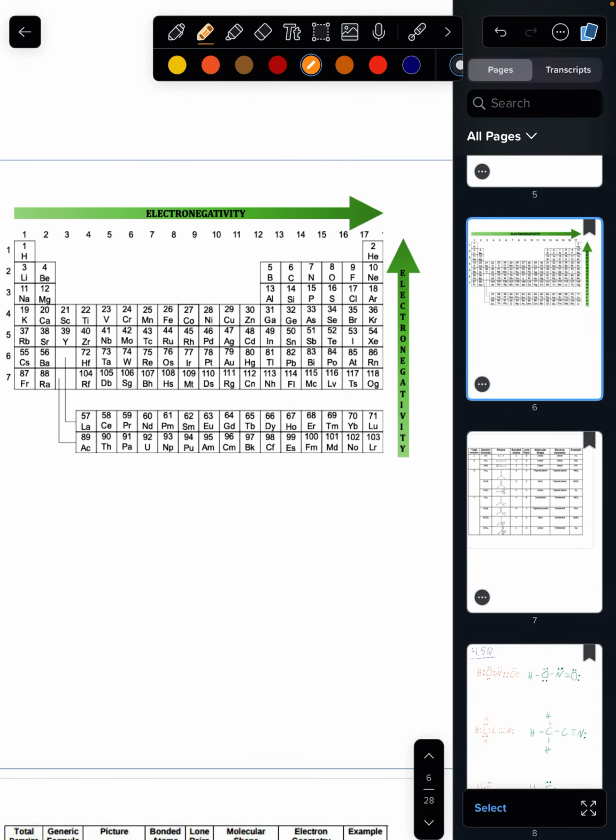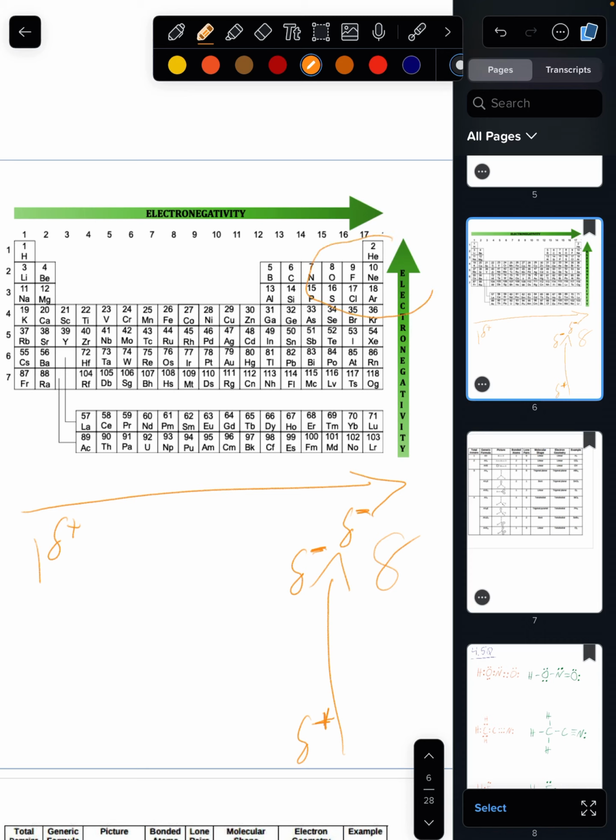So, as you are going across the periodic table from group 1 to group 8, you're going to get more and more negative. So over here is going to be your positive, and over here is going to be more negative. Okay? And as you're going up, it's the same kind of concept. More negative up here, more positive at the bottom.